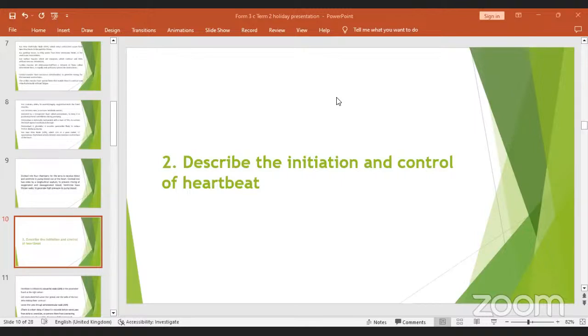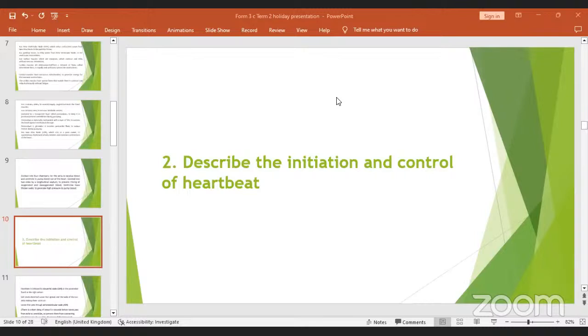So it generates that spontaneous rhythmic contraction and then spreads it to the septum there, where we have the atrioventricular node. I'm going to explain how the wave travels in the next question. The atrioventricular node acts as a pacemaker.